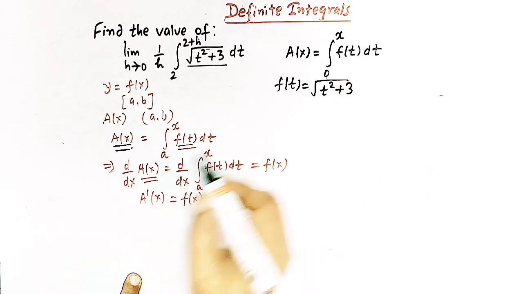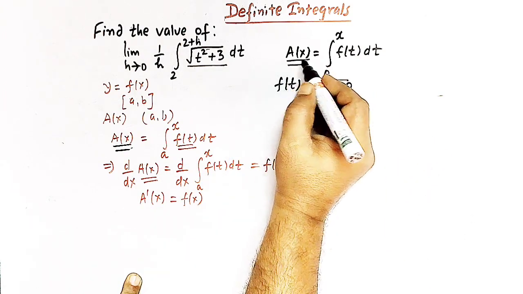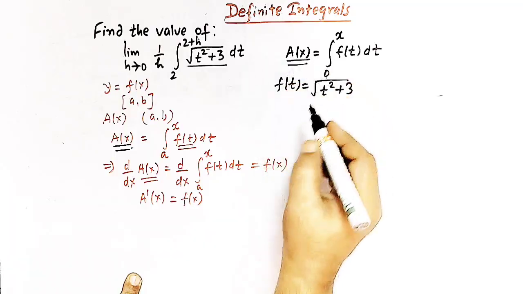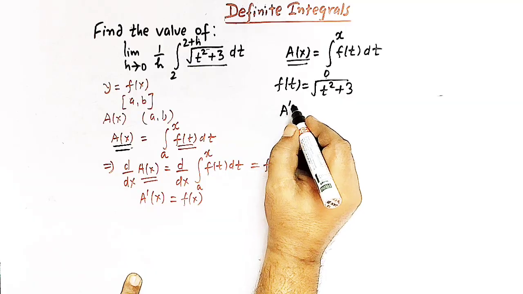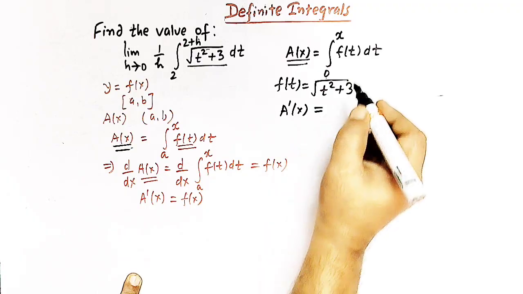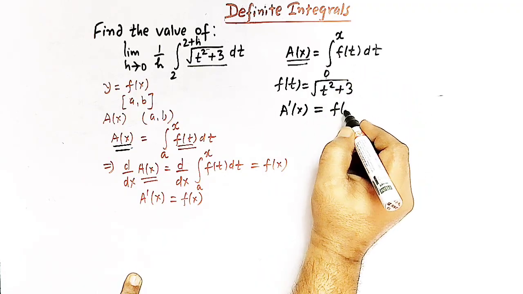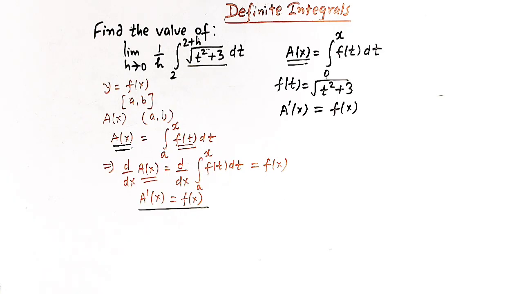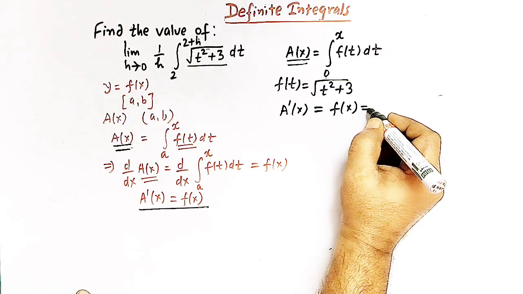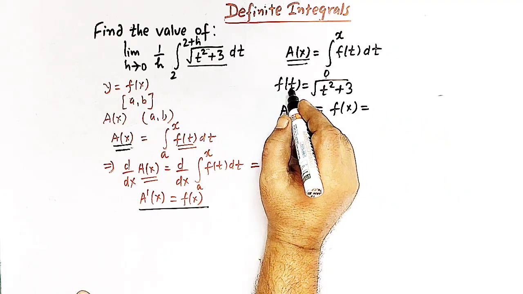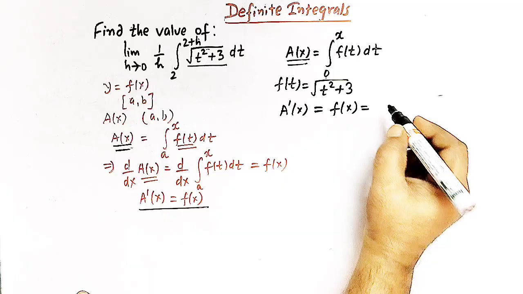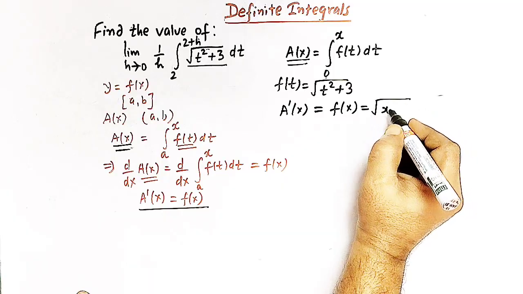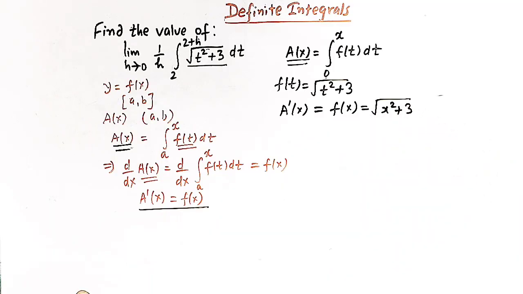The derivative of this function, A prime of x, should be equal to f of x due to this result. Replacing t by x, we have f of x equal to square root of x square plus 3.